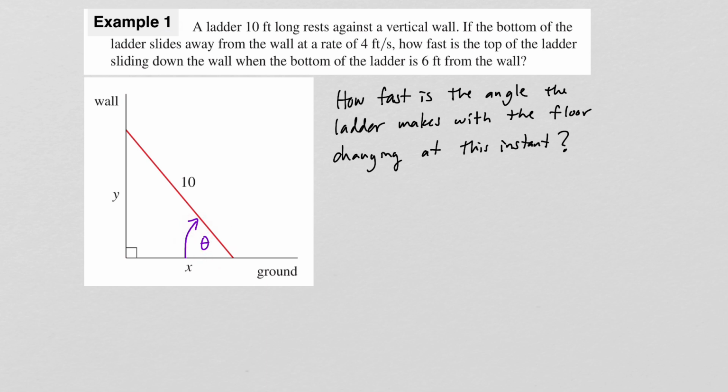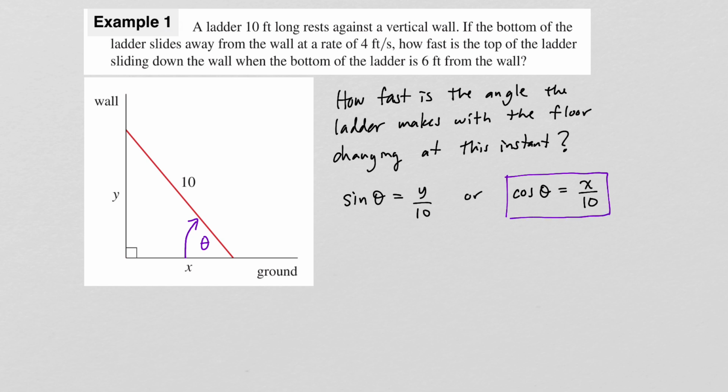Now, I could set this up a number of ways, but the easiest way to set this up would either be to say sine of theta is equal to y divided by 10, or I could say cosine of theta is equal to x divided by 10. Both of those are true from the basic definitions of sine and cosine. But for this particular problem, I think I would prefer to use this one.